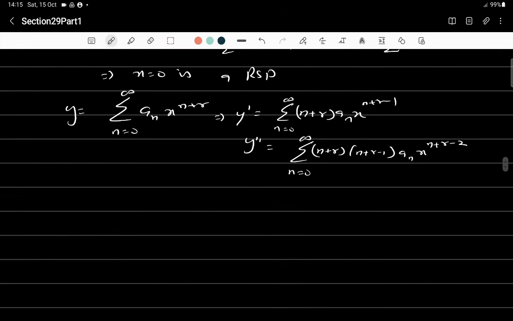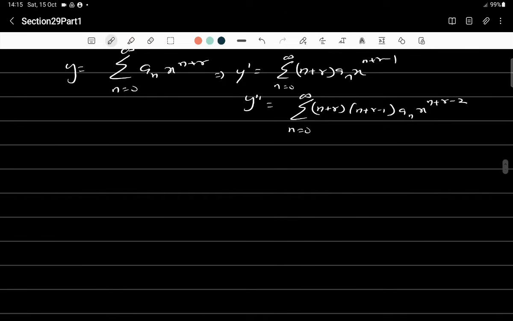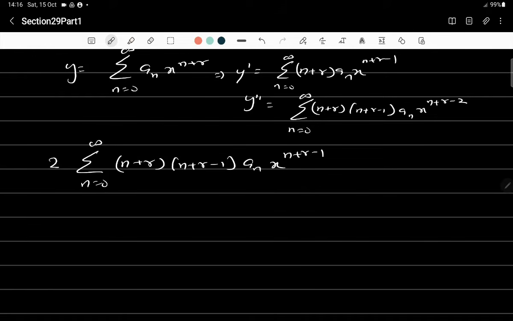Now let's substitute the values. So it is 2x, so 2 summation n from 0 to infinity, n plus r, n plus r minus 1, a n x raised to the power n plus r minus 1.